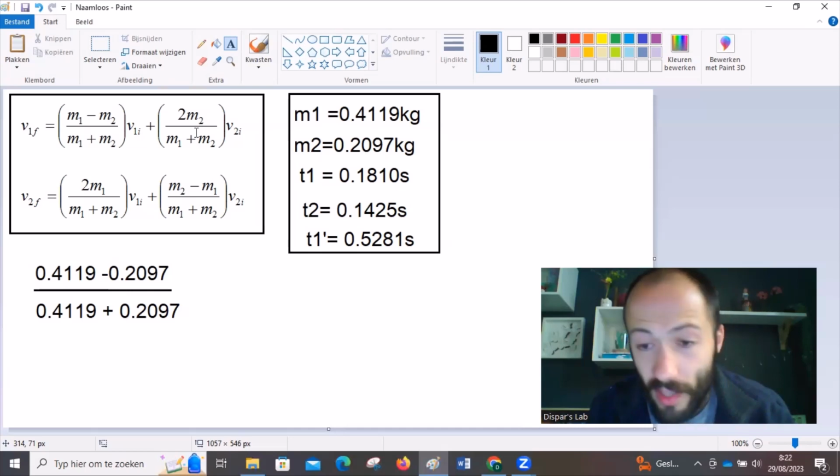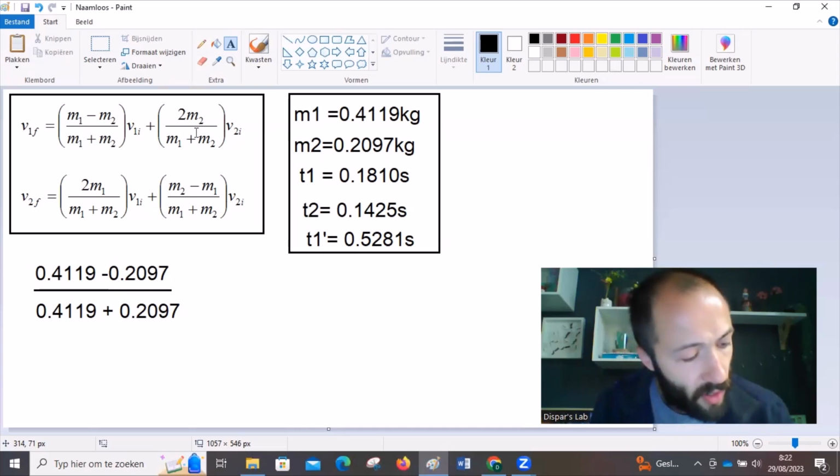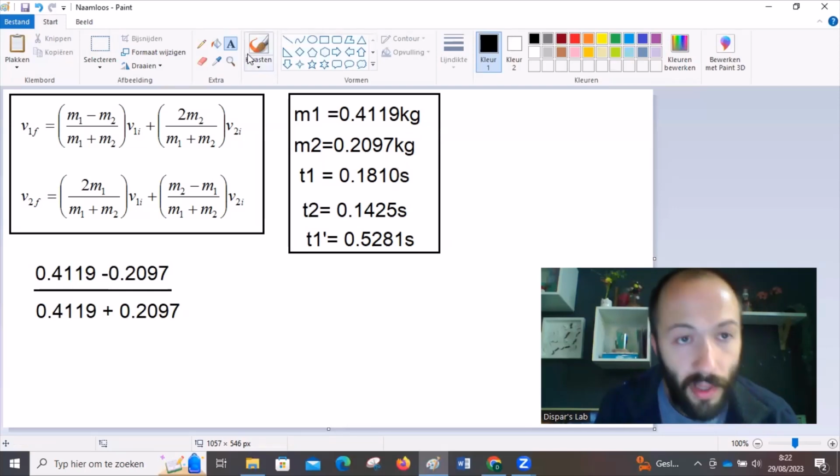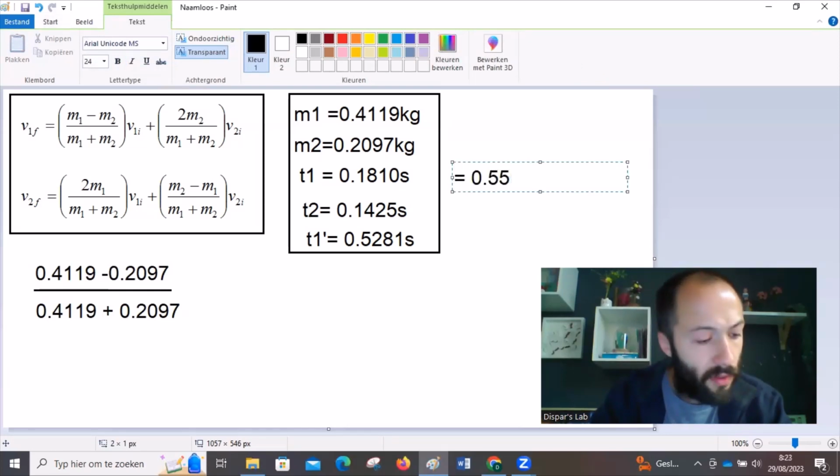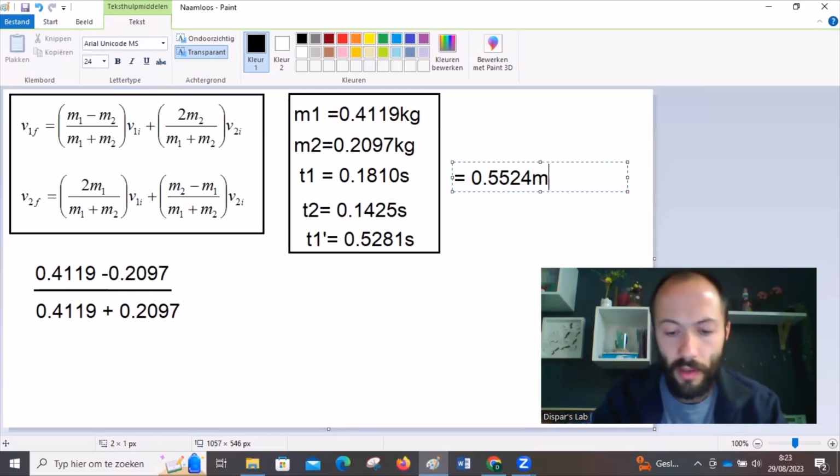So let's say 10 centimeters, which is 0.1 meters, divided by T1, which is 0.1810, equals 0.5524 meters per second.